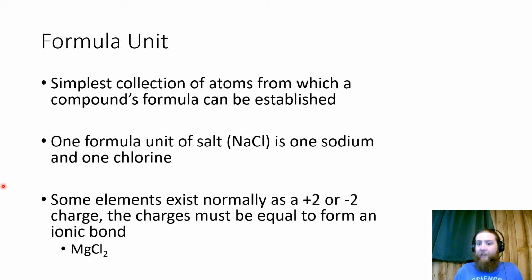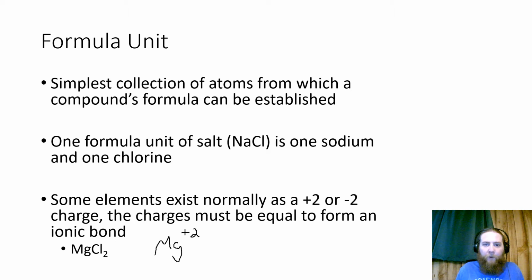Some ions exist naturally as a 2+ or a 2- charge, and these charges must be equal to form an ionic bond. Magnesium, very commonly being in group 2, wants to get rid of 2 of its electrons. Getting rid of 2 negative charges, it will get 2 positive charges.